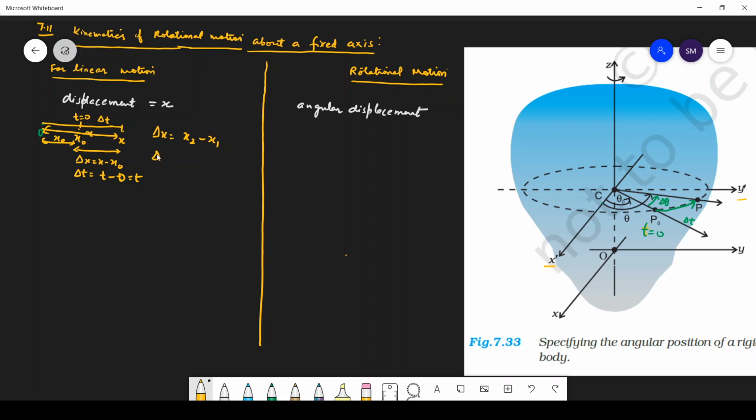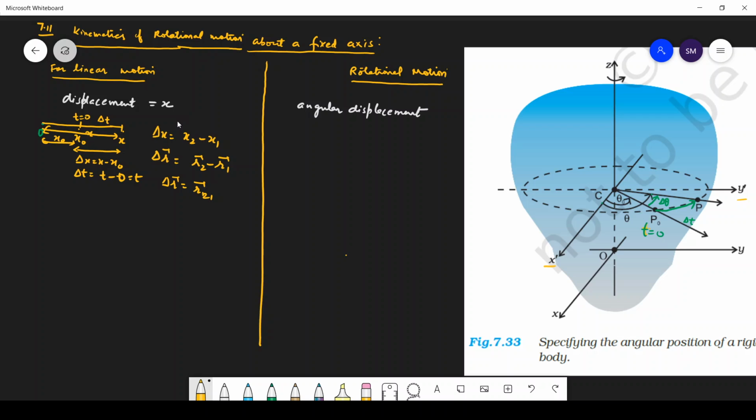Similarly, if you want to write it in terms of position vector, then displacement is equal to r2 minus r1. You can further write it as reaching r2 from r1. So these are the many ways you write displacement.